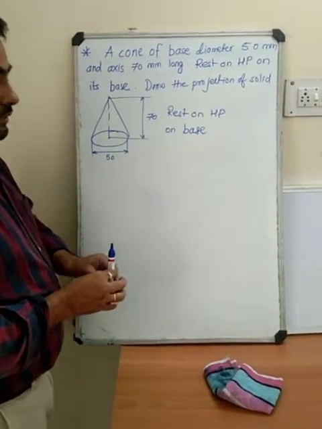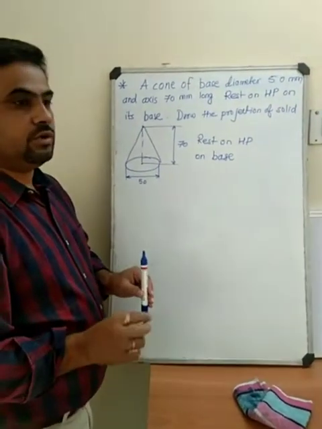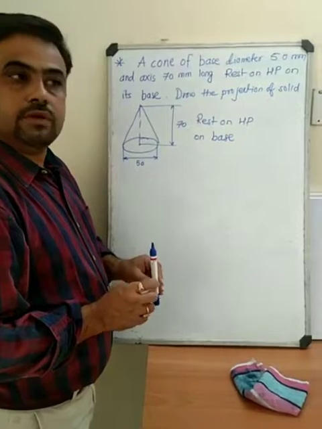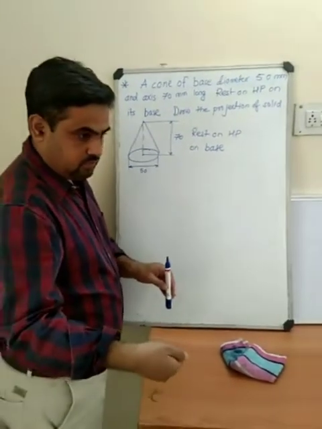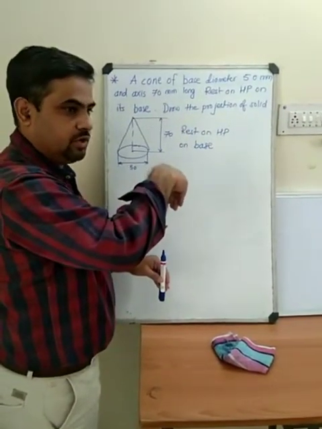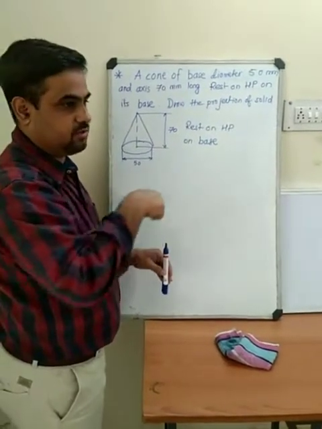Now, for drawing the front view and top view, you need to understand from where you can observe the base. Obviously, from the front view the base is not visible. From the top view you can observe the base, and the base is of circular shape.